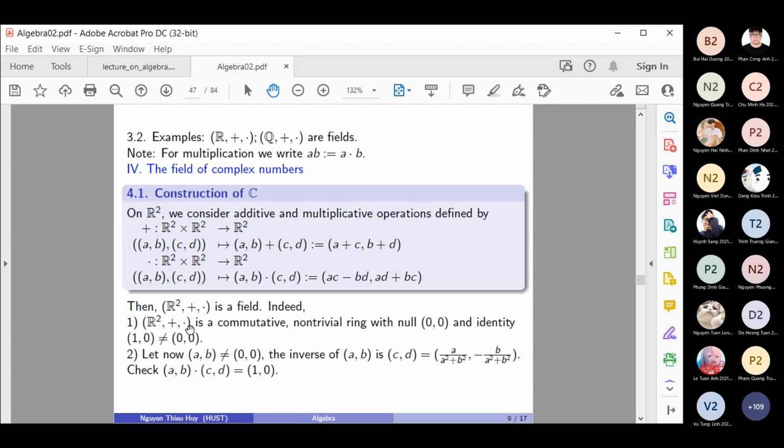It's not difficult. It's long. Of course, for example, when you check the associative property, it's a little bit long, but it's not difficult. So I don't want to check it here; you can check it. I want to take the last property.